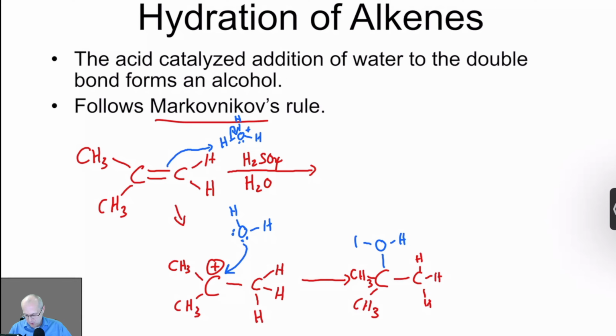Now we have what's called a protonated alcohol. And now water will come back. Because remember, it's like 5% sulfuric acid in water, for example. So it's very dilute. There's lots of water around.